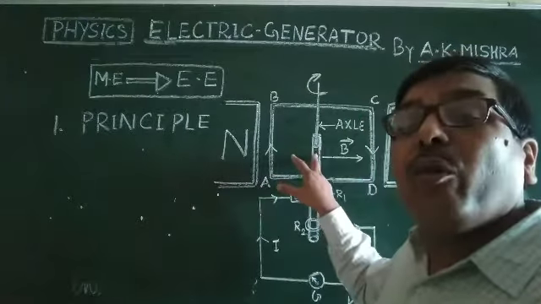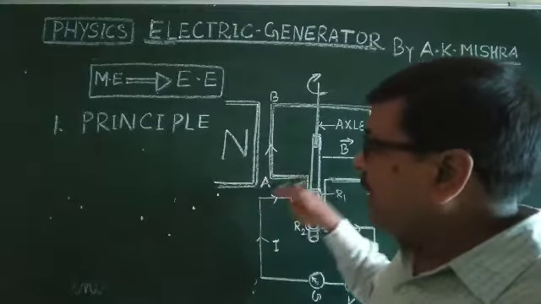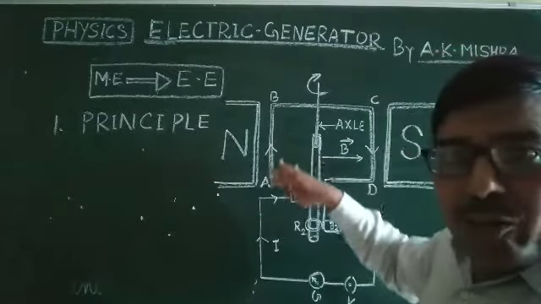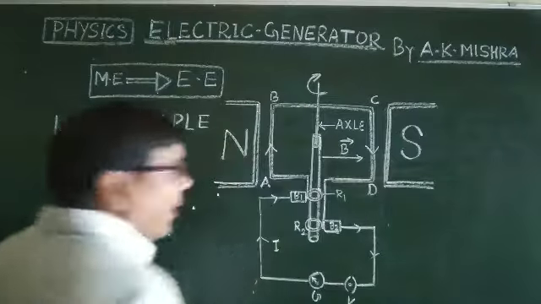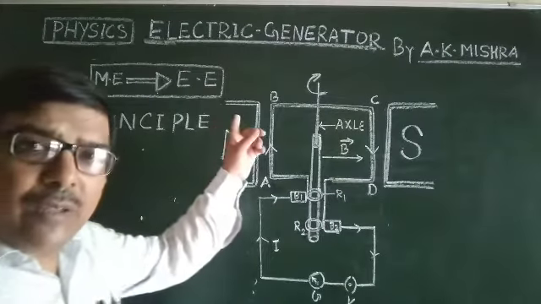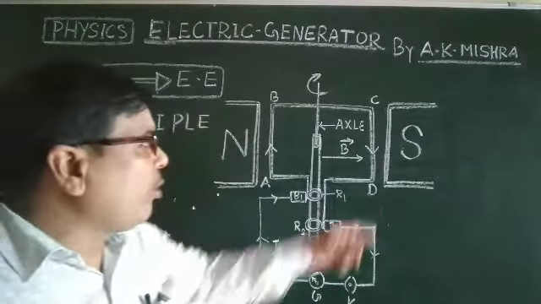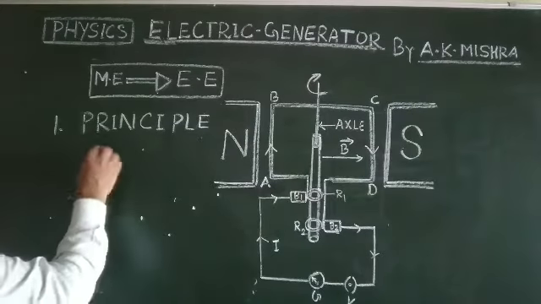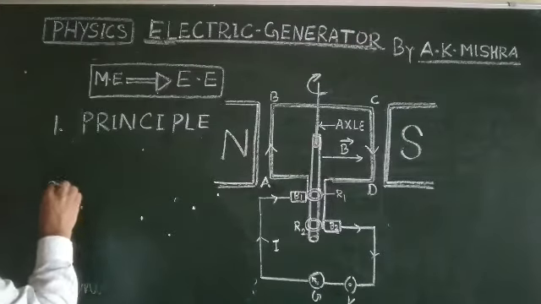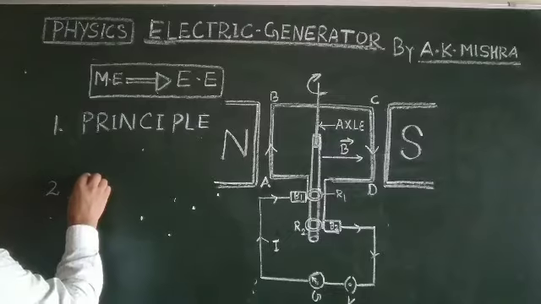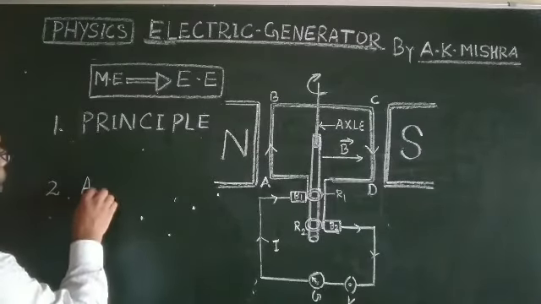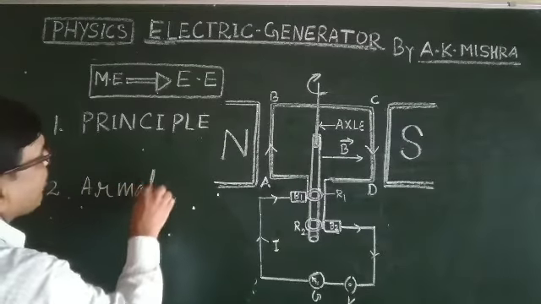The generator consists of various important parts. First, a rectangular coil, the armature.